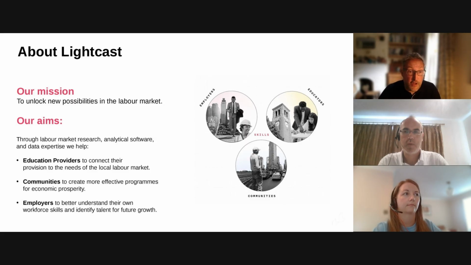Our aims are that through our labour market research, our analytical software and our data expertise, we can help a range of customers and stakeholders, from education providers, helping them to connect their provision to the needs of the local labour market, to communities to create more effective programs for economic prosperity, and through to employers to help them better understand their own workforce skills and help them to identify talent for future growth.